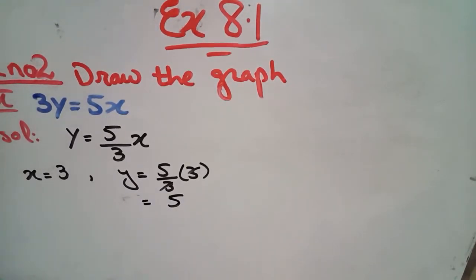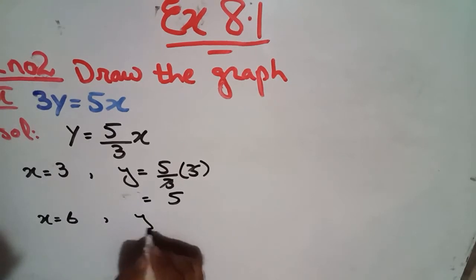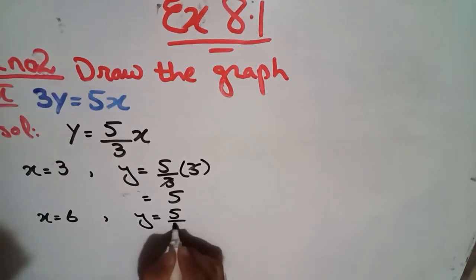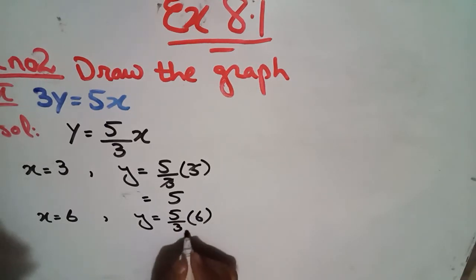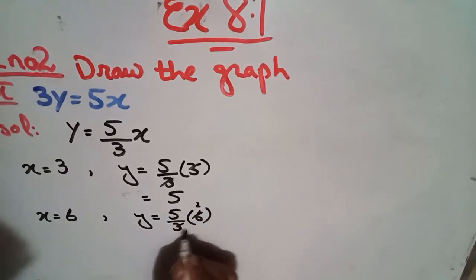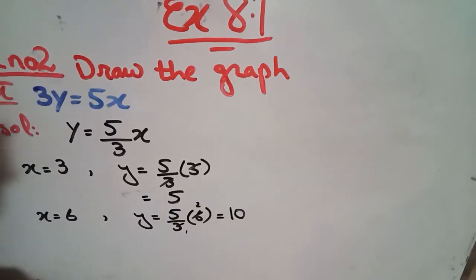Simple. Okay, if you are taking x is equal to 6, the multiple of 3, y is equal to 5 by 3 into 6, so 3 ones are 3, 3 twos are 6, and 5 twos are 10. The value of y will be 10.